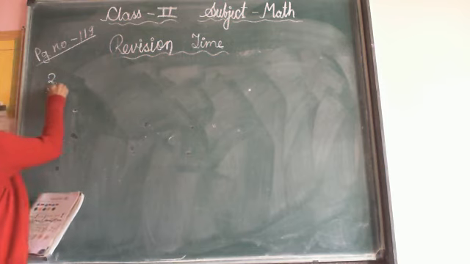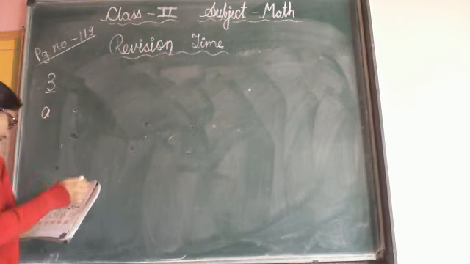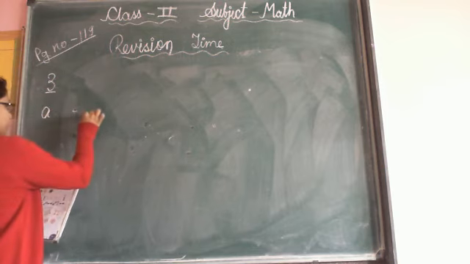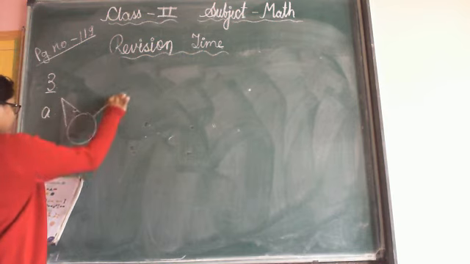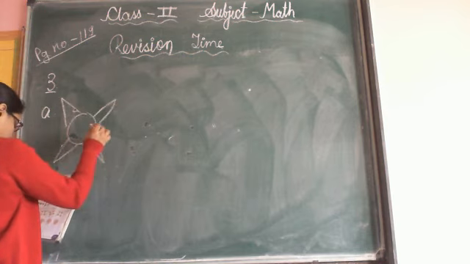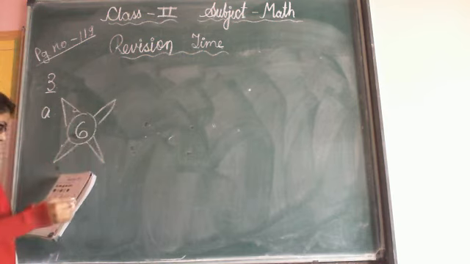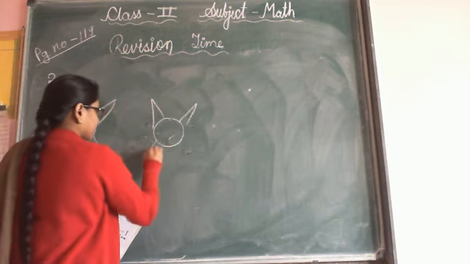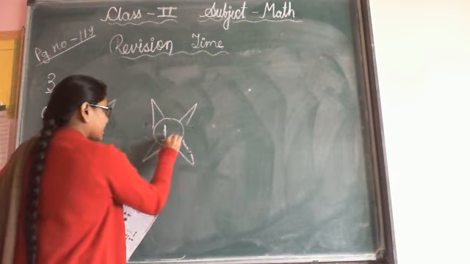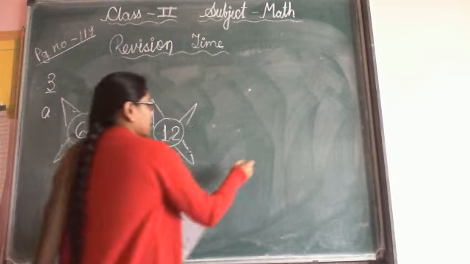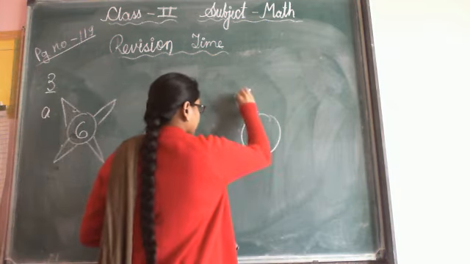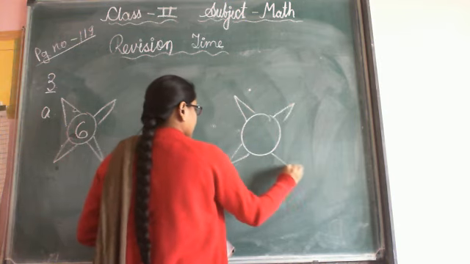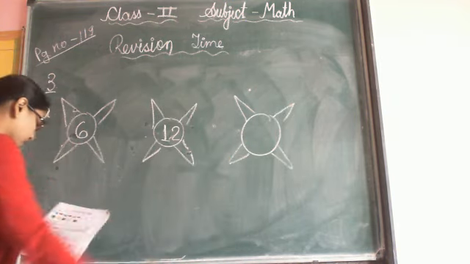So let's see question 3, part A. The first number is 6. The second number is 12. Then the third one is blank. The next I'm drawing downside.